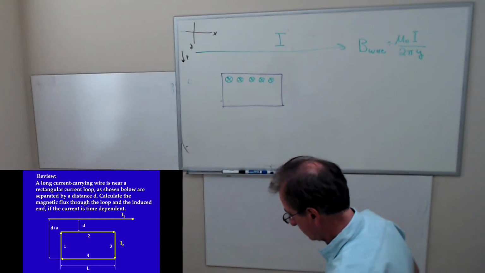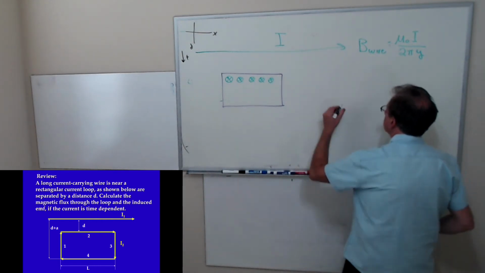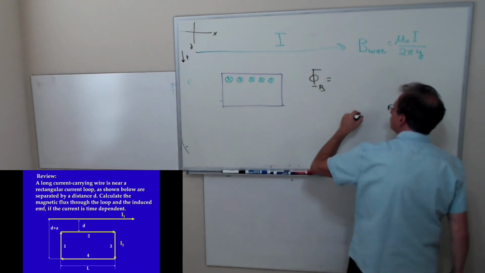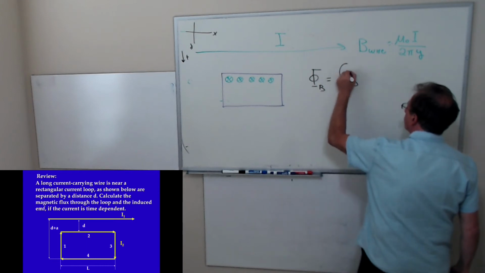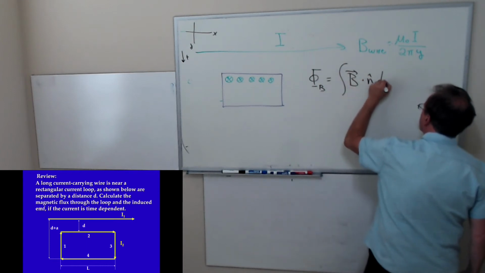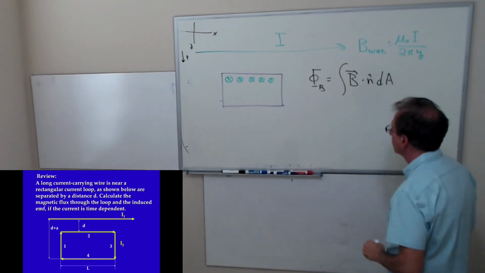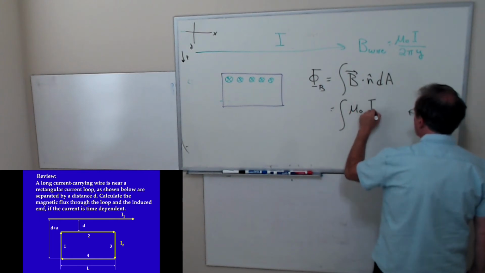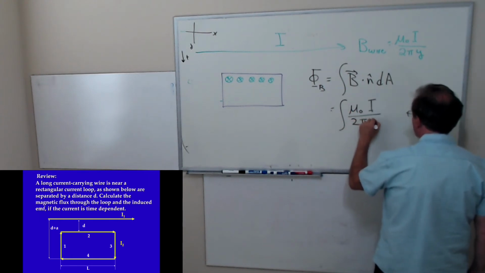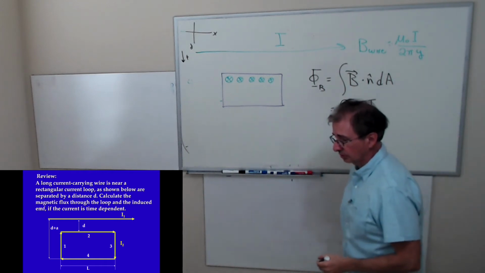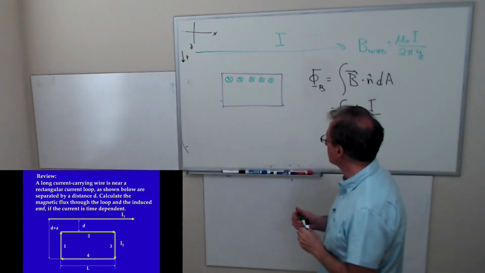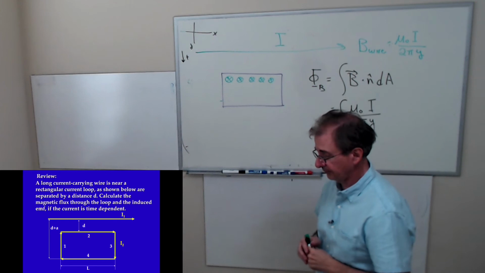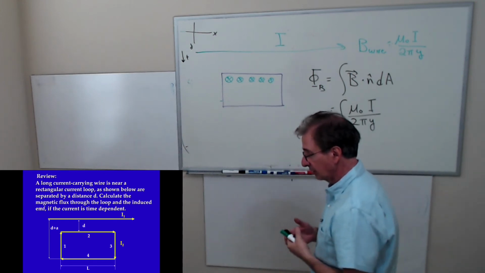So I want to calculate the flux through this loop. This is going to be the integral of B dot dA. Now my normal to the loop is ambiguous because I can make the normal point either towards us or into the board. I want to make the math easy for me.